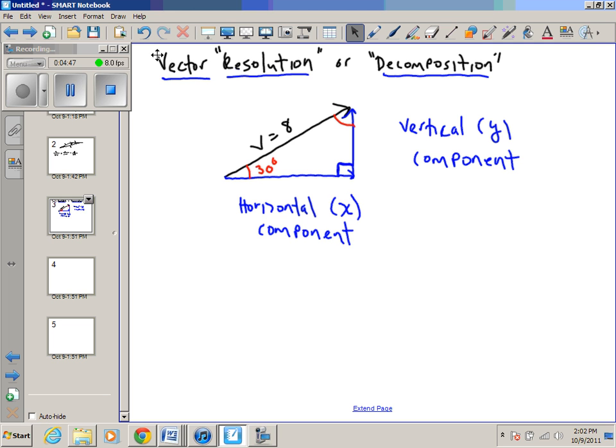I'm just going to give that to you. That would mean, of course, the other angle in the upper right-hand corner would be 60 degrees, because those two angles have to add up to 90 degrees. So we've got this angle here, 30 degrees. And I want to use that angle to determine the size of the horizontal component and the size of the vertical component.